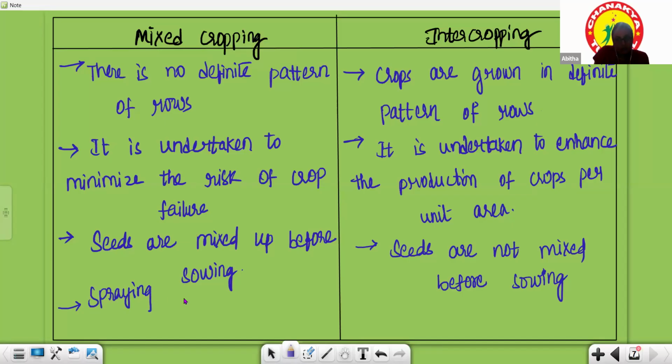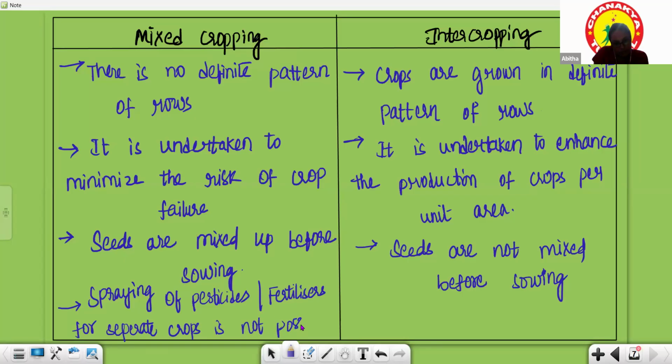Spraying of pesticides and fertilizers for separate crops is not possible.